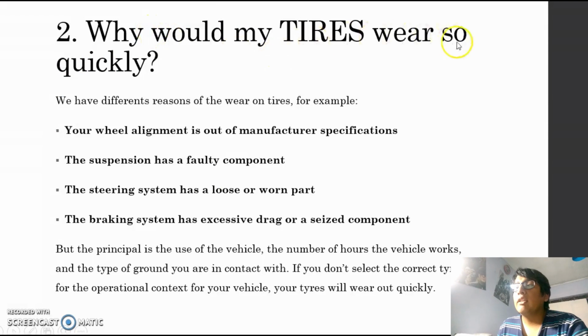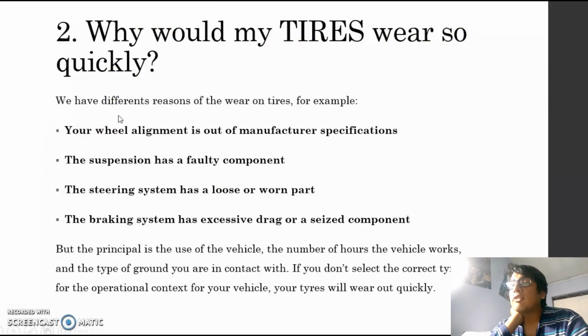Why would my tires wear so quickly? We have different reasons for wear on tires. For example, your wheel alignment is out of manufacturer specification, or the suspension has a faulty component, or the steering system has loose or worn parts. The braking system has excessive drag or a seized component.